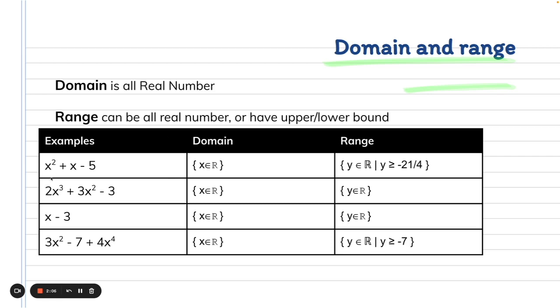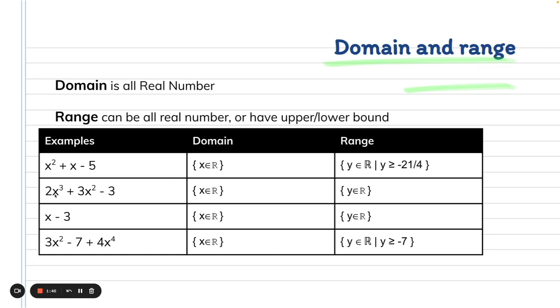For example, x to the power of 2 plus x minus 5, the domain is all real numbers, as I said, and the range will be y bigger than or equal to negative 21 over 4.